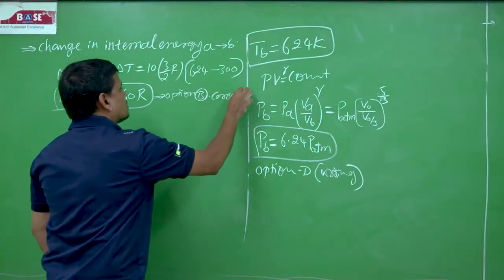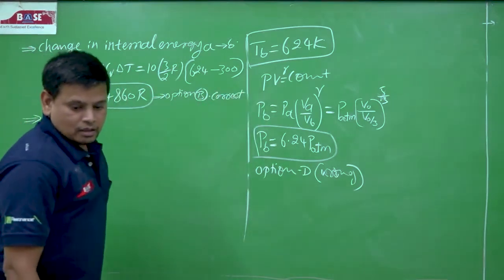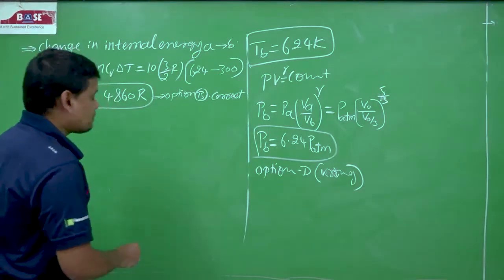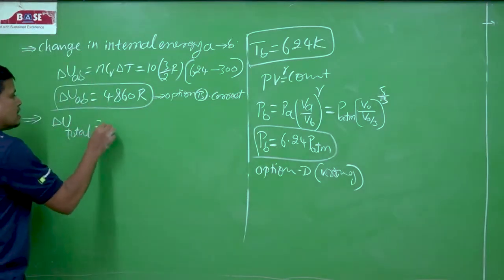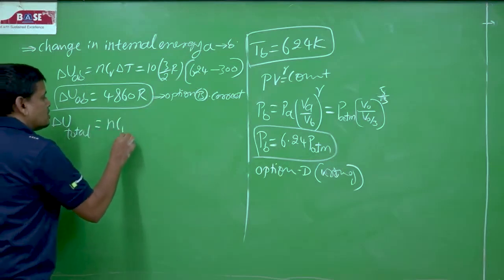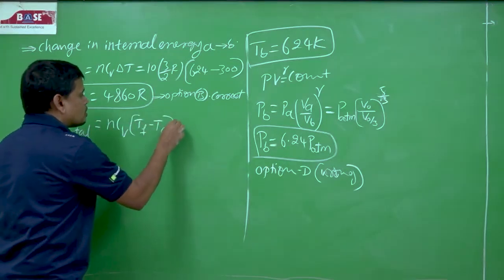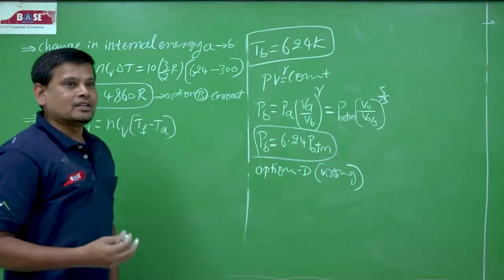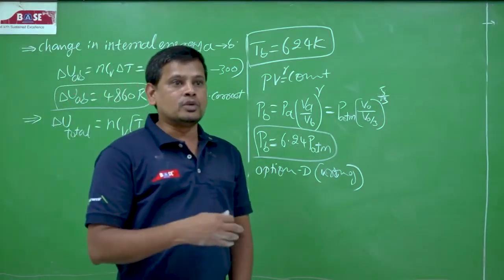Option B is correct. Now let us see option C, the net change in the internal energy. That is the total change, which can be written again as n C_V times the temperature at F minus the temperature at A. Internal energy is independent of the path, so we check from initial to final.